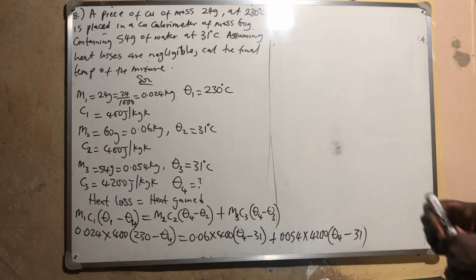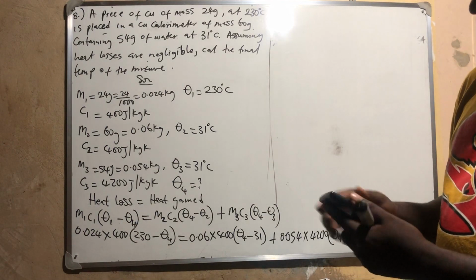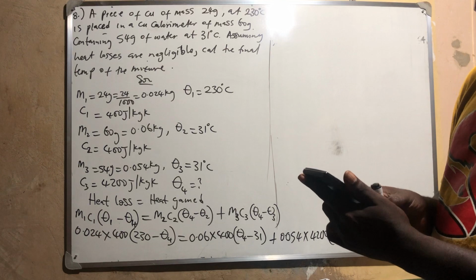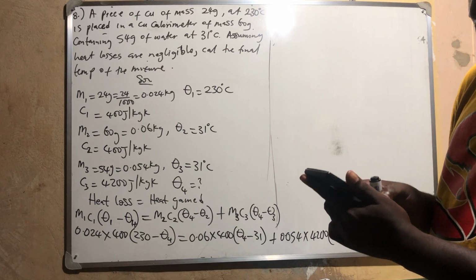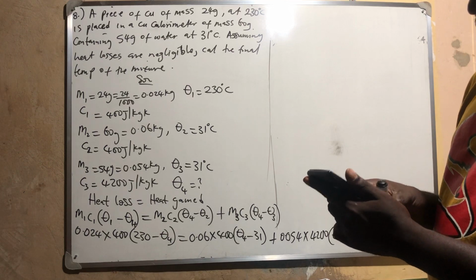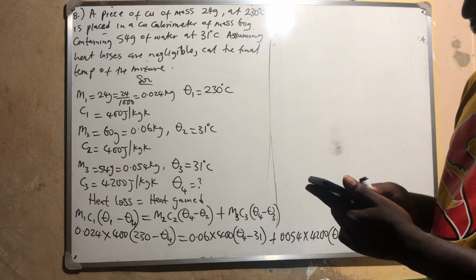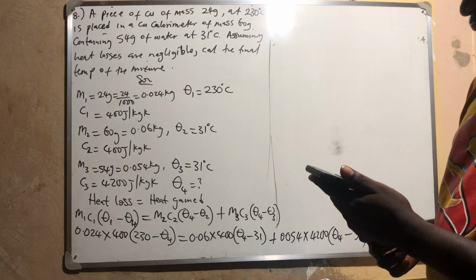Okay, so finishing up, let's multiply this first. I want to clear the bracket. 0.024 times 400, I'm going to have 9.6.